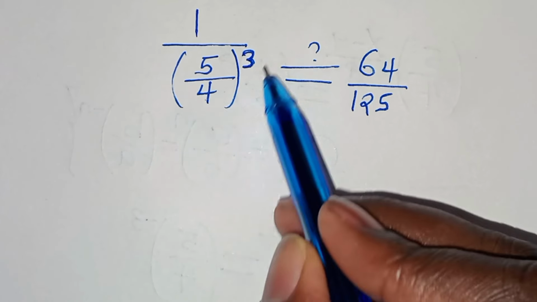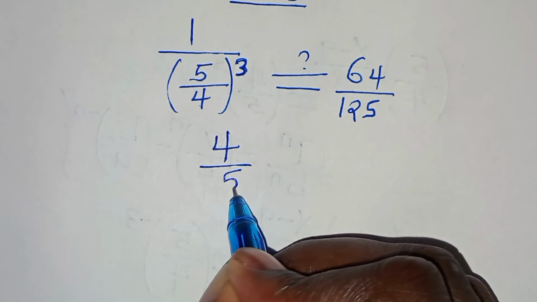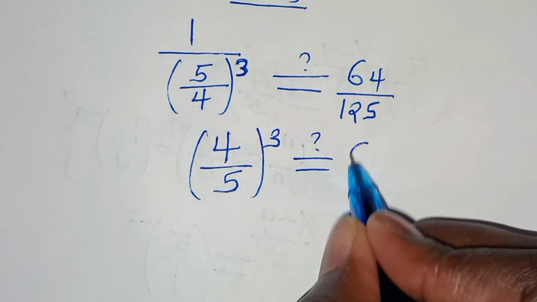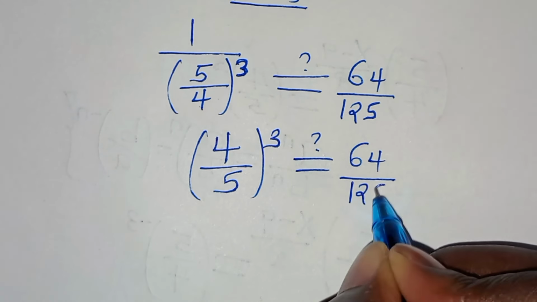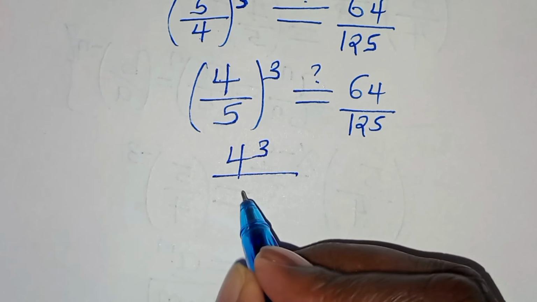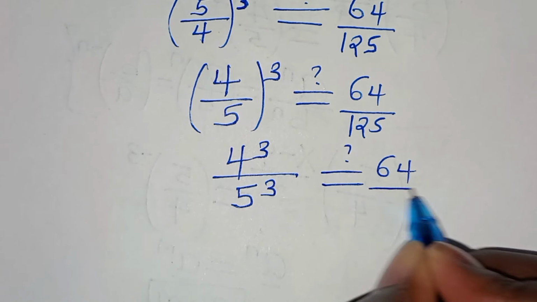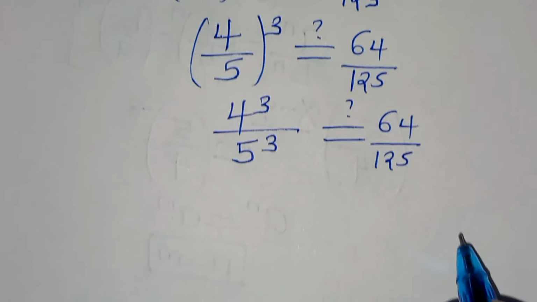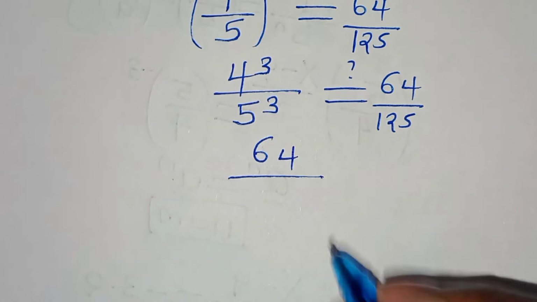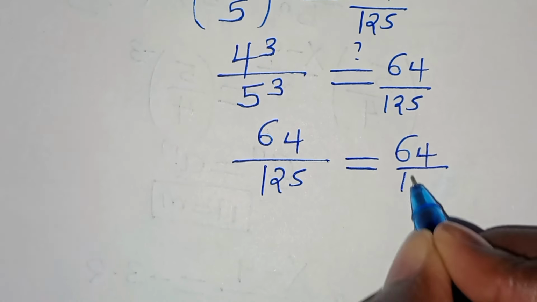We can get the reciprocal of this, which is 4 over 5 raised to the power of 3. This is the same thing as 4 to the power of 3 divided by 5 to the power of 3. So 4 to the power of 3 is equal to 64, divided by 5 to the power of 3, which is 125, and this is equal to 64 divided by 125.